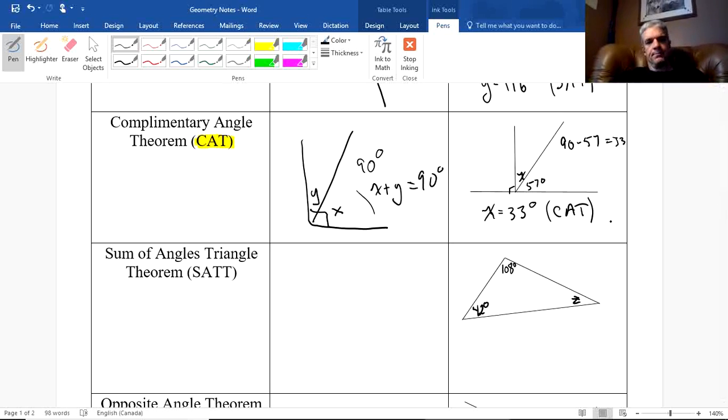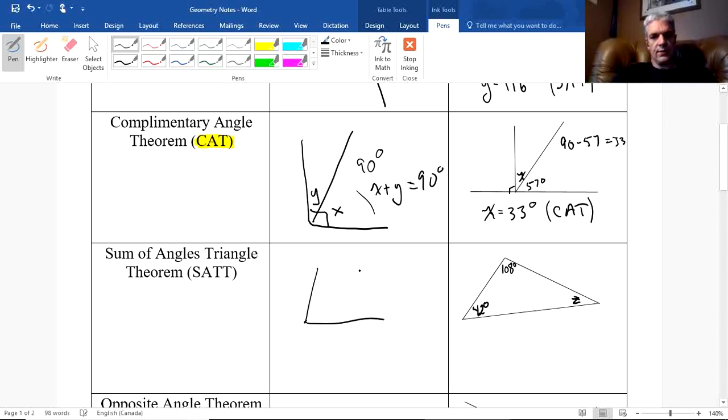And then we come to some more theorems. One that you're very familiar with already, I know because we've talked about it, is that if I have three angles inside a triangle, x, y, and z, then x plus y plus z equals 180 degrees.